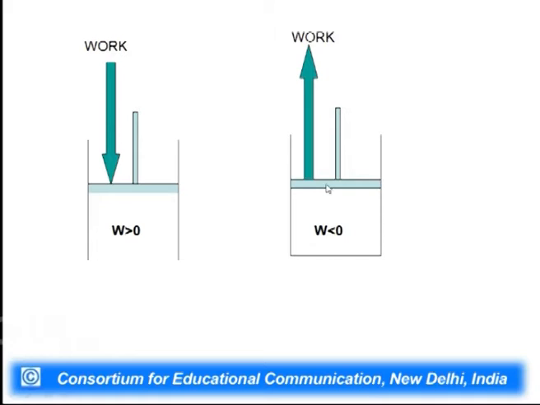In the second case, you can see that work is being done by the system. Since work is being done by the system, internal energy of the system will decrease, and your W will have a negative sign.